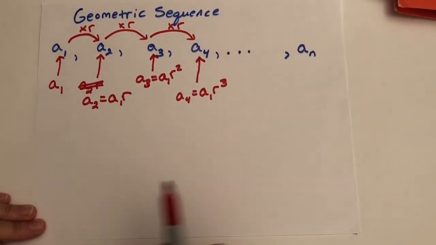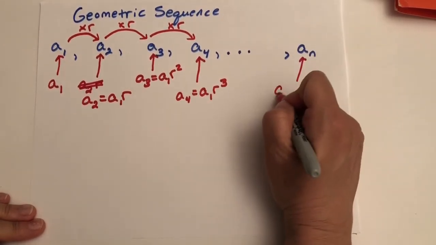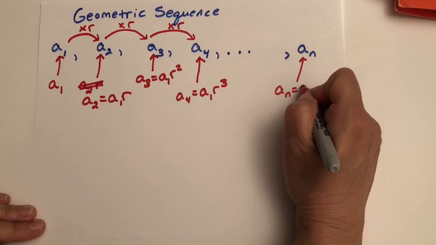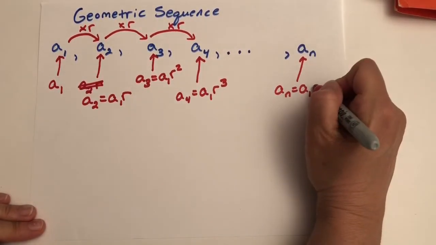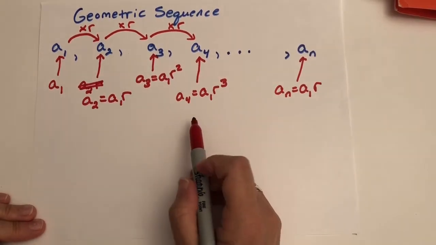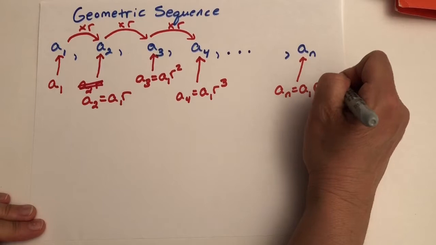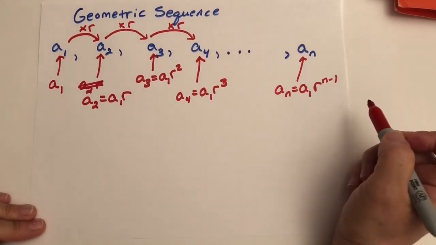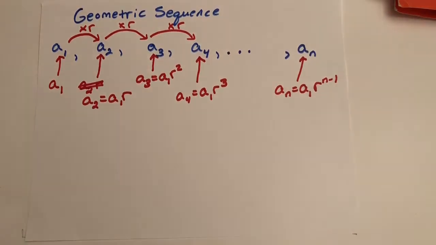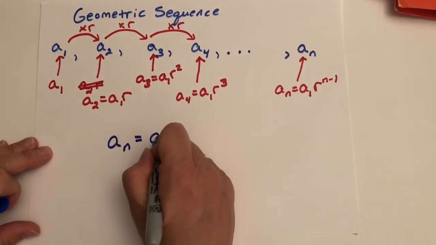If we continue in that fashion, when we get to the nth term, we would start with the first term and multiply by r n minus 1 times. In other words, r would have an exponent of n minus 1. So there's our formula for the nth term of a geometric sequence.